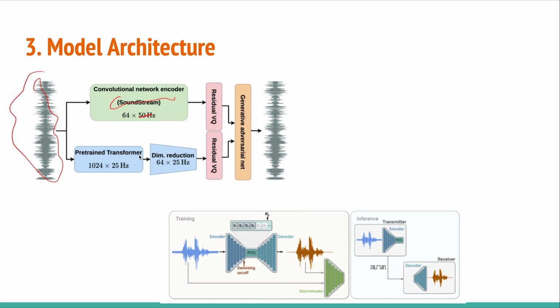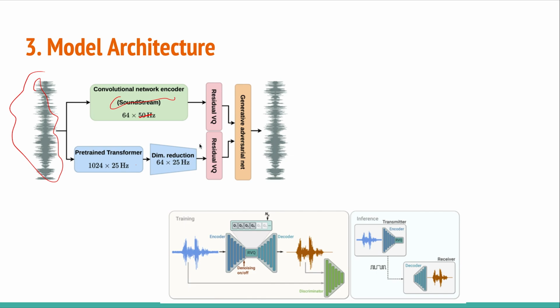That means it takes 1024 dimension features and reduces the dimension to 64, but the frame rate is kept as it is. This is just to add or concatenate the features here.